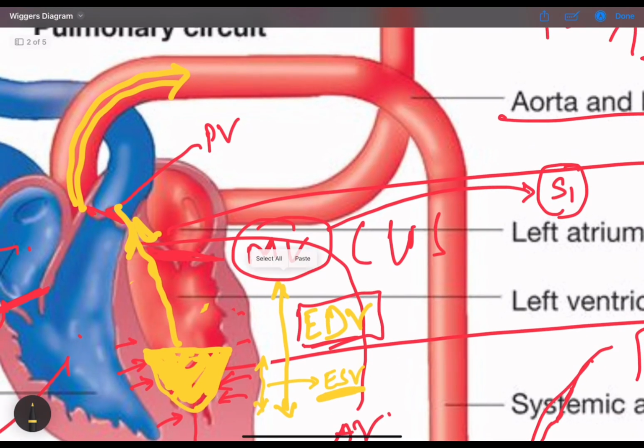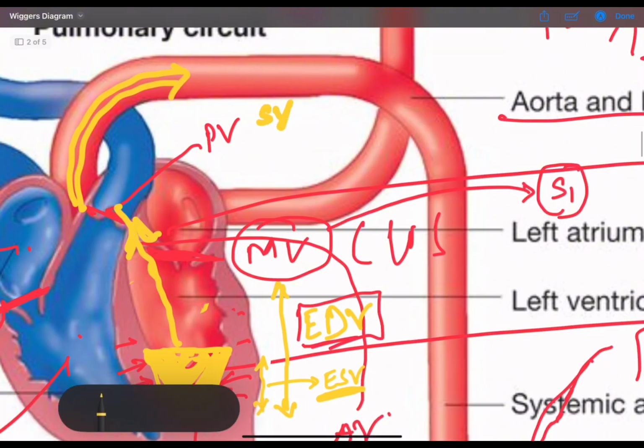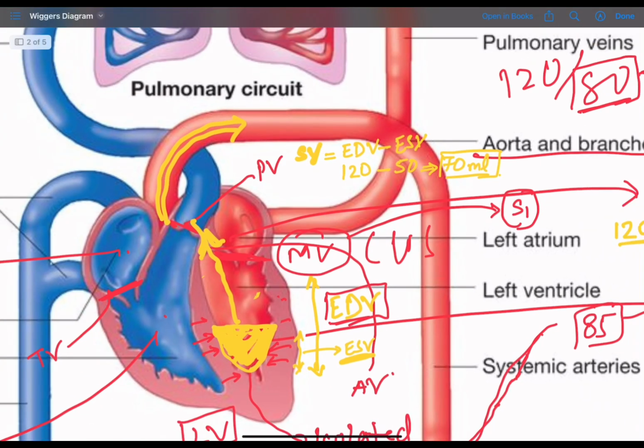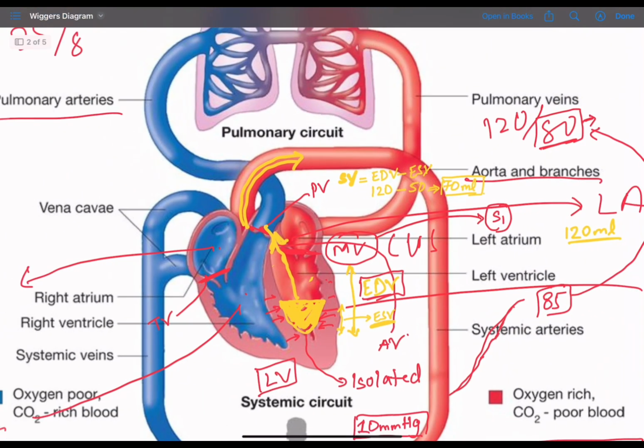The volume that has left the left ventricle is known as stroke volume, which is equal to end diastolic volume minus end systolic volume. Usually the end diastolic volume is up to 120 ml while the end systolic volume is 50 ml. So we have a stroke volume of 70 ml. So 70 ml of blood has left the ventricle and has been pumped into different organs of our body.